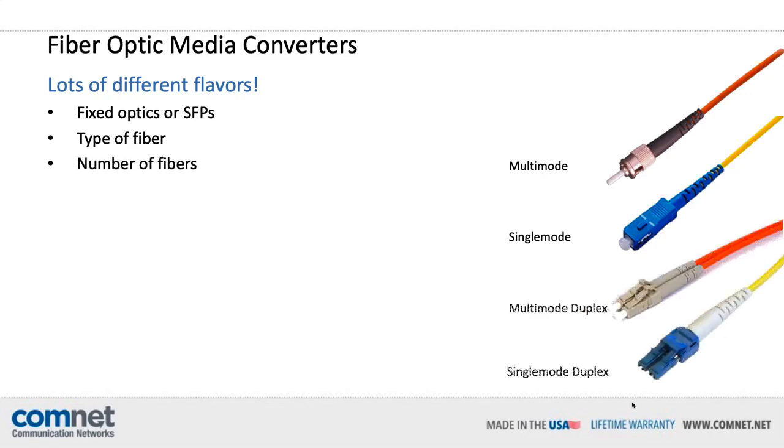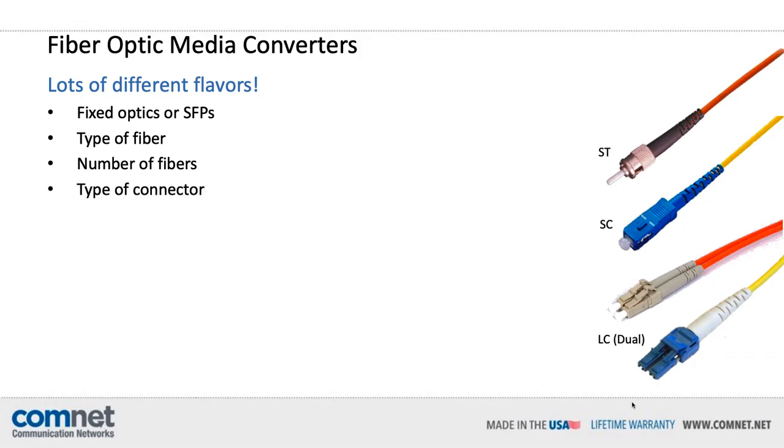Then figure out whether it will use one or two fibers to make the link. Many systems use two fibers so that you send data one way on the first fiber and then the opposite direction on the second fiber. Also related to the physical cable that will be used is the type of connector on that fiber. There are ST, SC, and LC connectors, and here we have it shown as a dual LC connector for that duplex fiber.